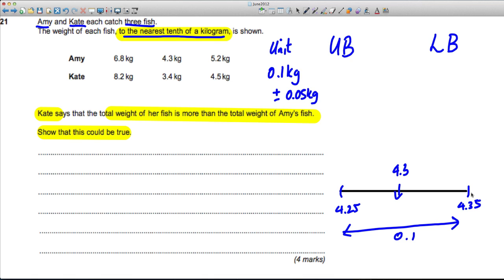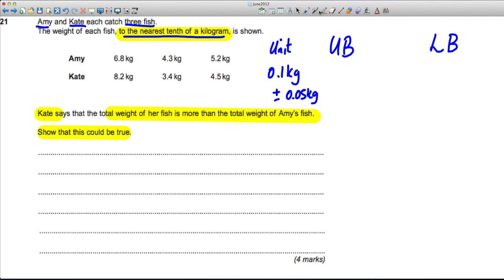So therefore, the upper bound of this number could be 4.35, the lower bound could be 4.25, okay? So let's have a go at this question here. The easiest way to get the 4 marks, I think, is to go through Amy's and go through could Kate's, okay, weigh more than Amy's?